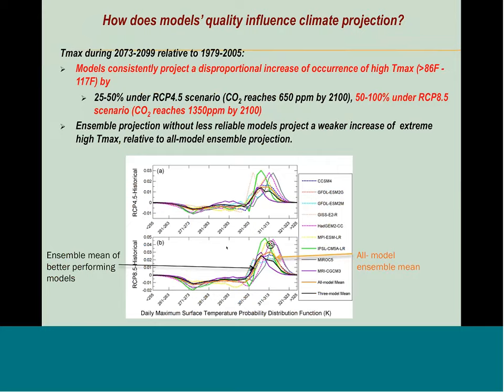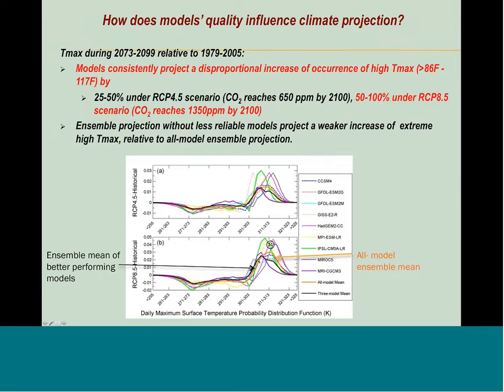How does model quality influence climate projection? This figure shows the projected change of the daily maximum temperature for the RCP 4.5 scenario at the top and RCP 8.5 scenario at the bottom.